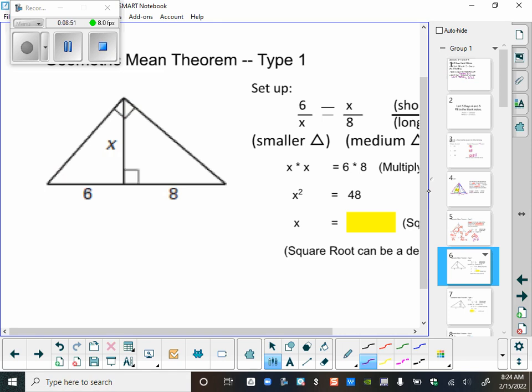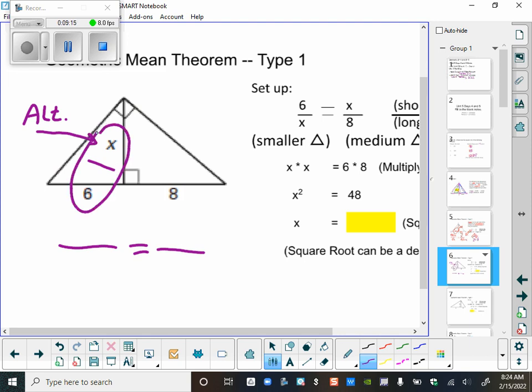So, either way, you use this method or the other method, you'll get the same, because right away, there's your altitude, x.